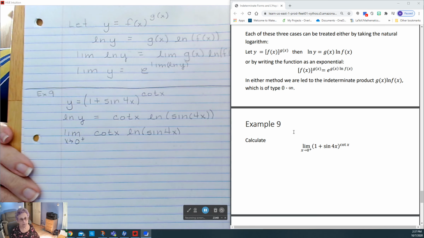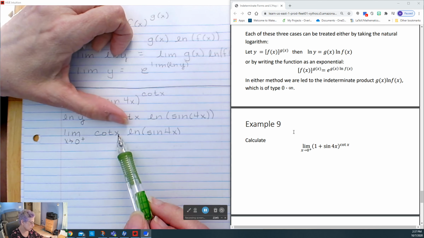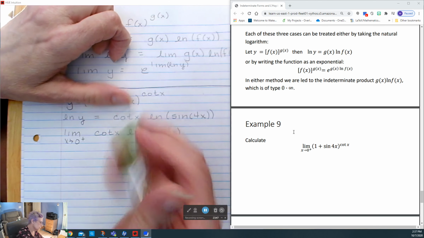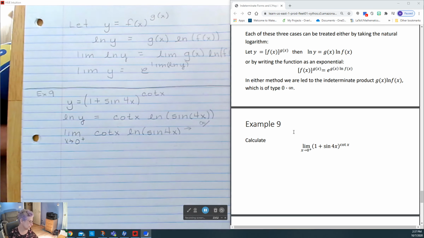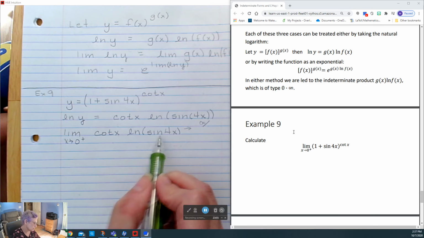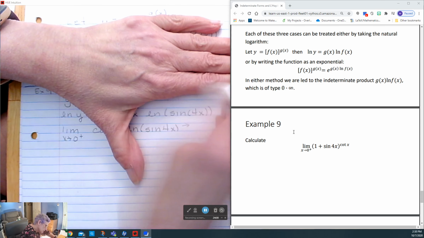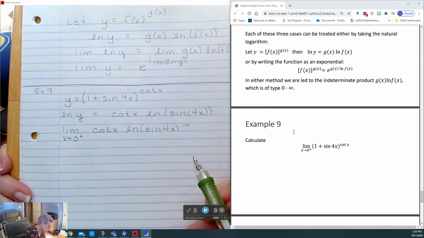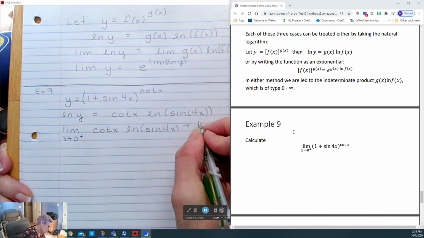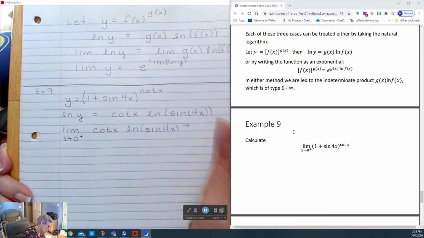So, as x approaches 0 from the right, cotangent, which is cosine over sine, approaches infinity, and natural log of... actually, it's not divided by. So this is equal to negative infinity and sine of 4x.